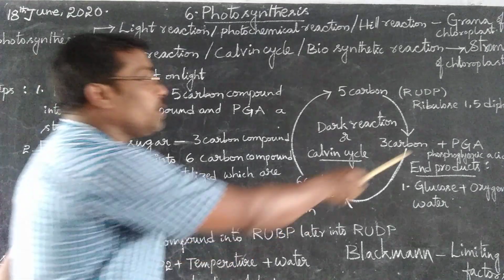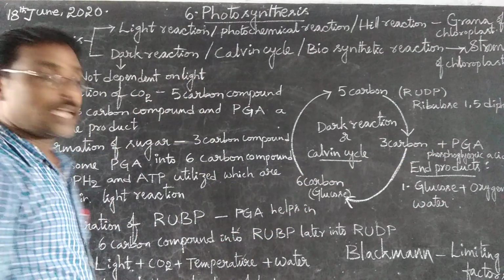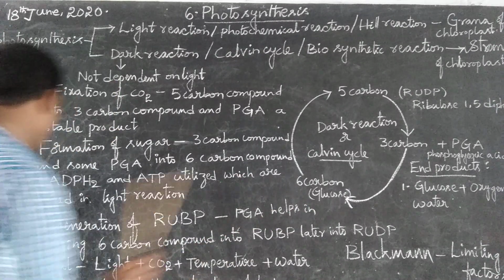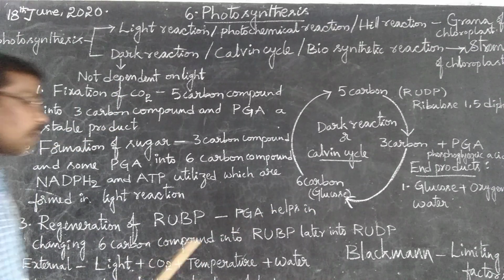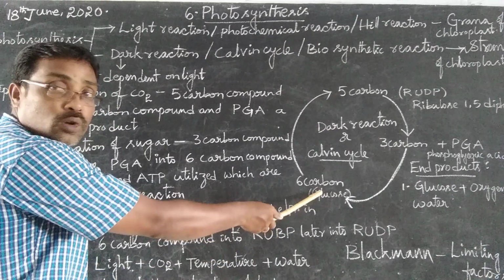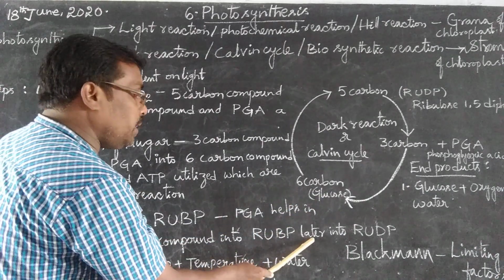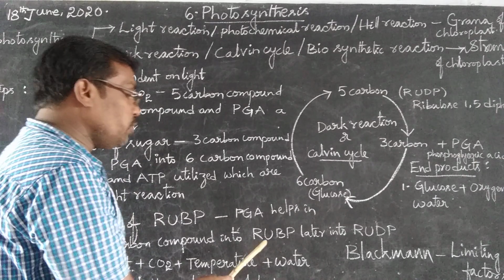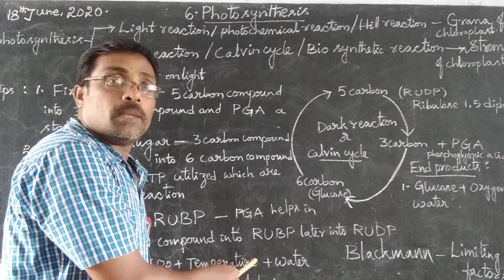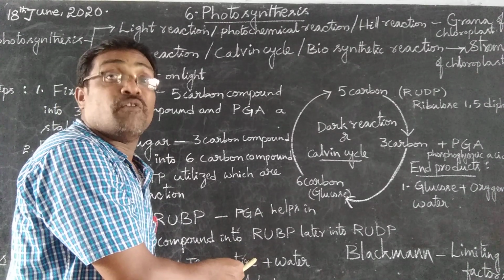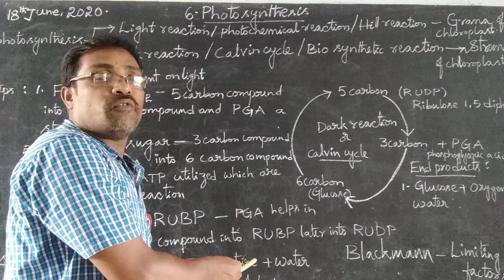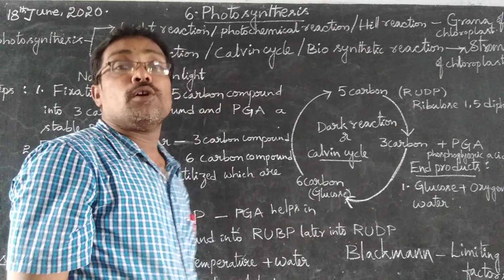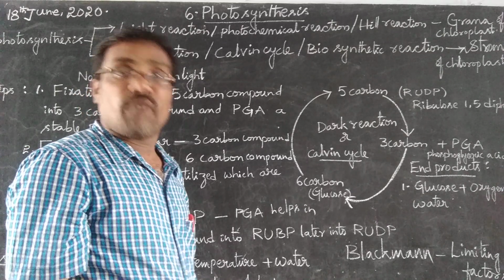The leftover PGA compounds from the first step help in changing the 6 carbon compound glucose into RUBP, ribulose 1,5-biphosphate, and later it is converted into RUDP, ribulose 1,5-diphosphate.